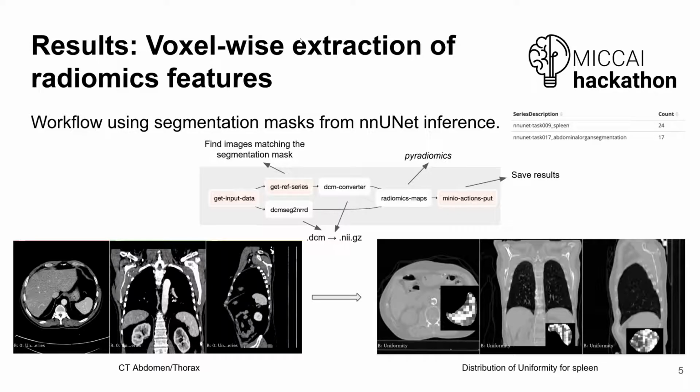As you can see in the example on the bottom, for CT abdomen, we segmented the spleen with nnU-Net, and then you can see an example of the distribution of the uniformity radiomics feature for the spleen, which is a measure of homogeneity of the image.